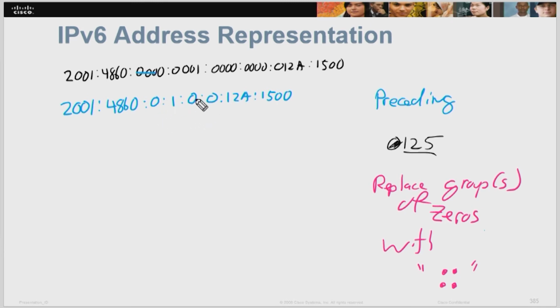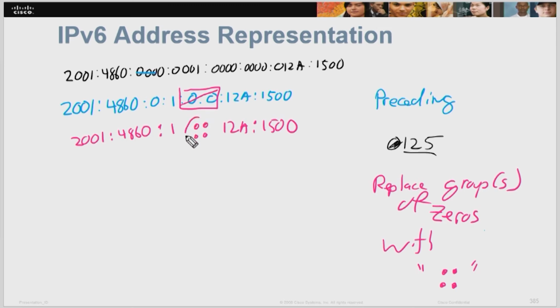So one of these two groups I can replace with a double colon. It would be more efficient for me to get rid of this group right here. So I'll replace this with just a double colon. So it turns into 2001 colon 4860 colon 1 colon colon 12A colon 1500.